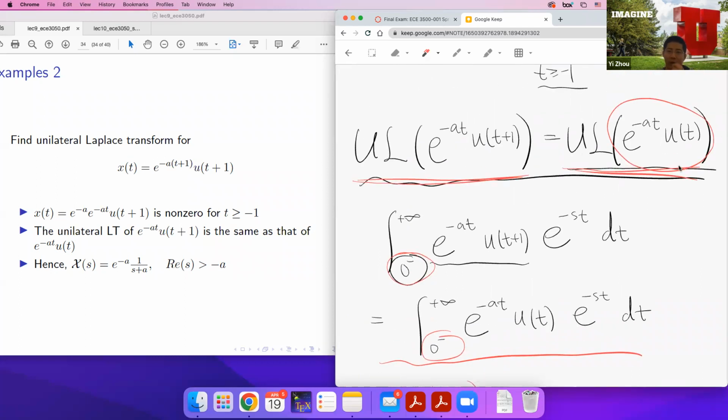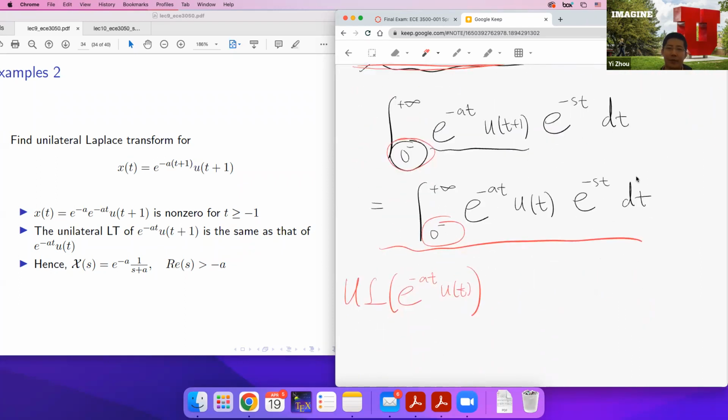Now starting from here, the unilateral transform of this causal signal, because it's a causal signal, equals the normal Laplace transform.